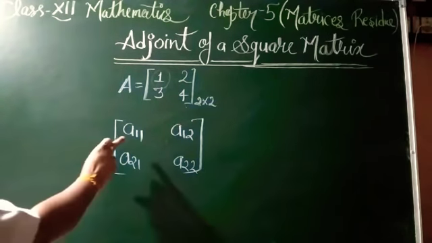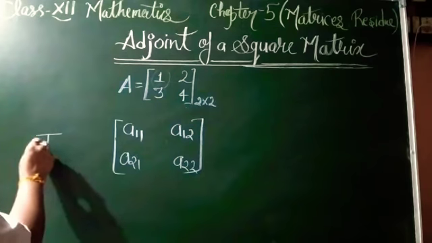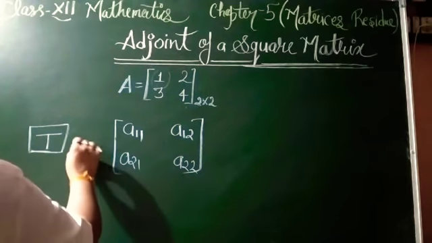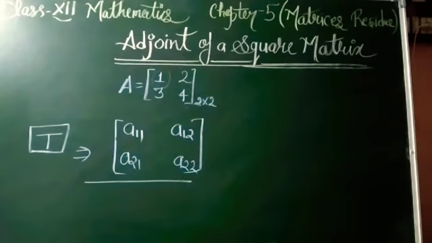First we find the cofactors, and after that we find the transpose of this matrix, and that will give the adjoint of A.